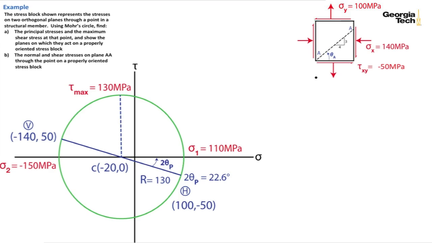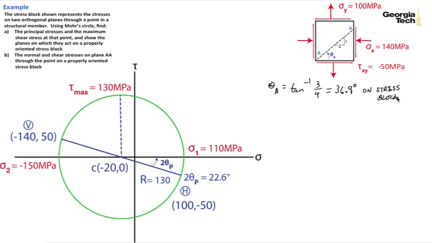And so we'll start by finding out what this angle theta sub A is on our stress block. And so we have theta sub A is equal to the opposite over the adjacent, or the inverse tangent of 3 over 4, which ends up being 36.9 degrees on the stress block.